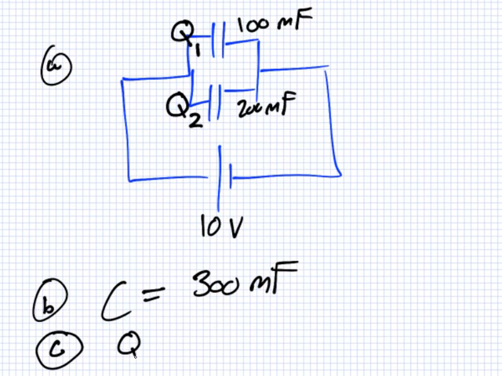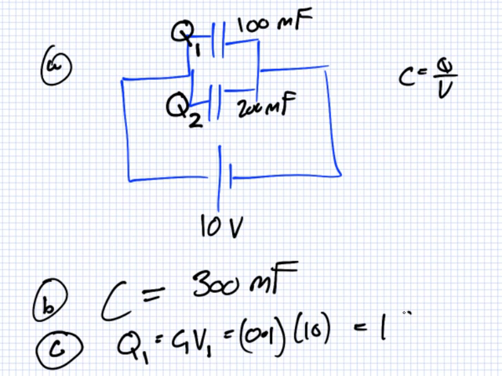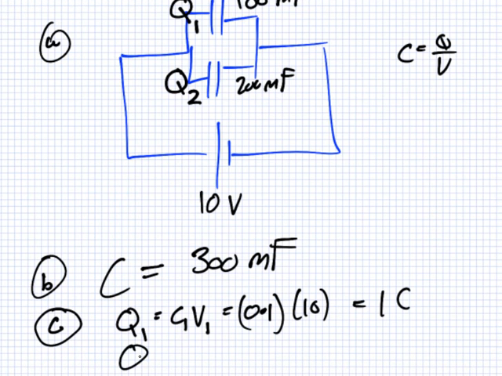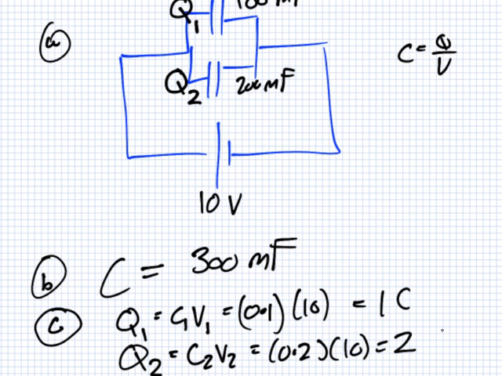Okay, Q1, we have the formula C equals Q over V. So Q is C1 V1, which is 0.1 multiplied by, what's the voltage? 10. 1 coulomb. And Q2 equals C2 V2, which is 0.2 times 10, which is 2 coulombs.